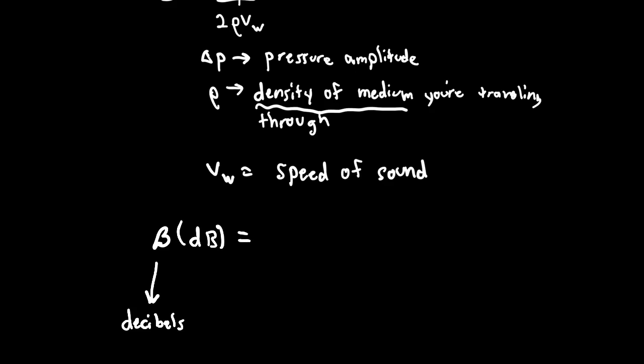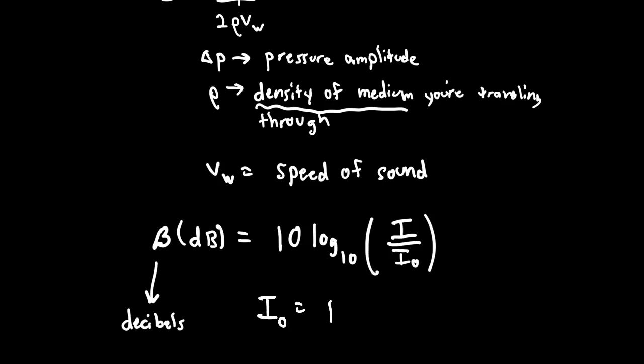So the sound intensity in decibels is 10 times the log to the base 10 of I, the intensity, over I naught, some threshold intensity, where we typically take I naught to be equal to 10 to the negative 12 watts per square meter. So this is the threshold of hearing. It's going to be the lowest intensity that you can actually hear with your own ears.